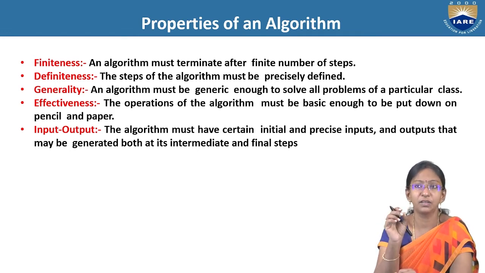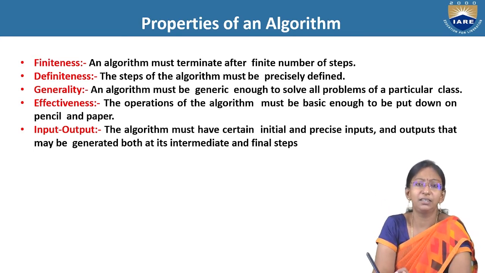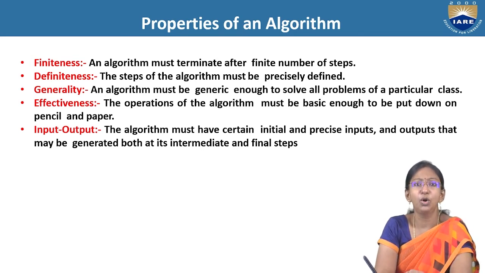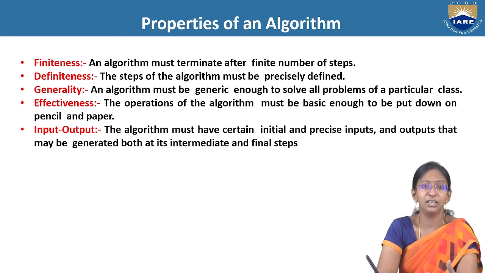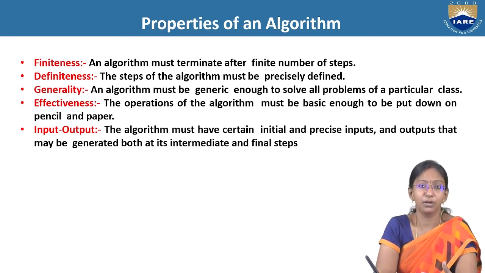Next, effectiveness. It must be effective in nature. You must be able to write it with a pen and paper in your hands, or you must be able to manually evaluate it, right? When someone learns any programming language, in the initial days, they will be tracing the program manually, for example whenever we learn loops, like the for loop.